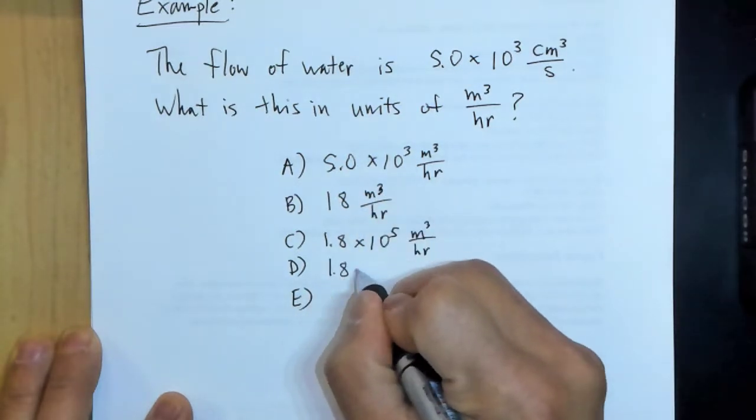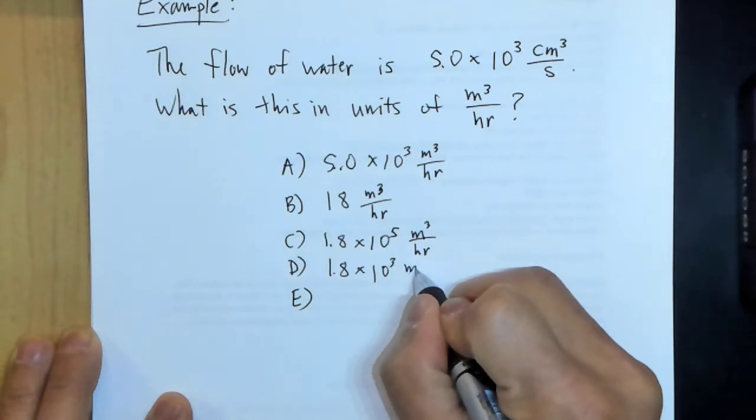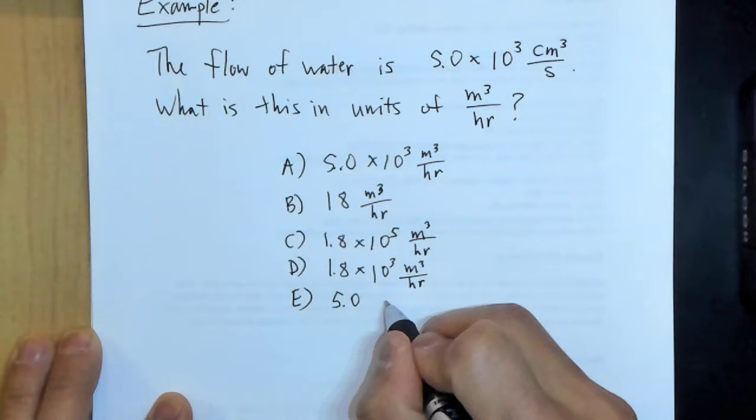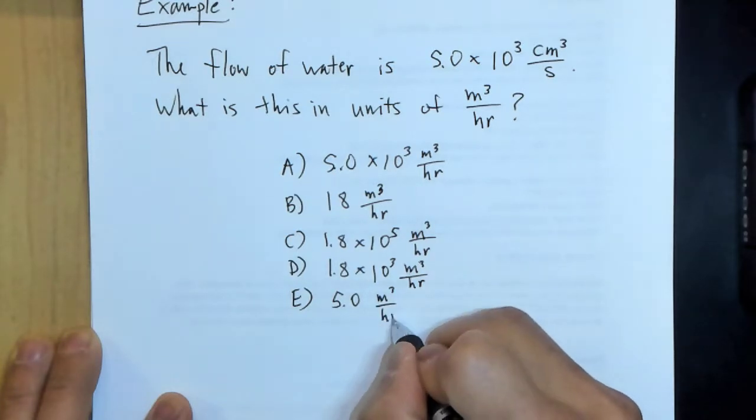D: 1.8 times 10 to the third meters cubed per hour. E: 5.0 meters cubed per hour.